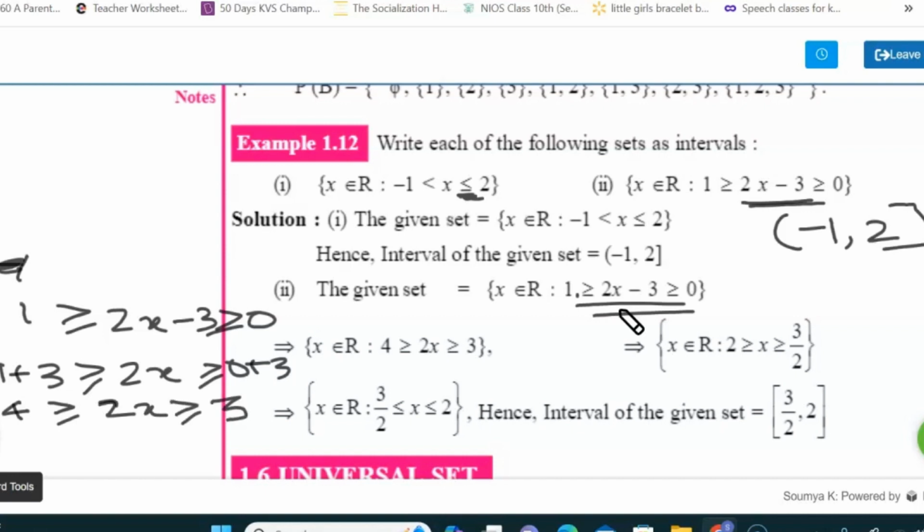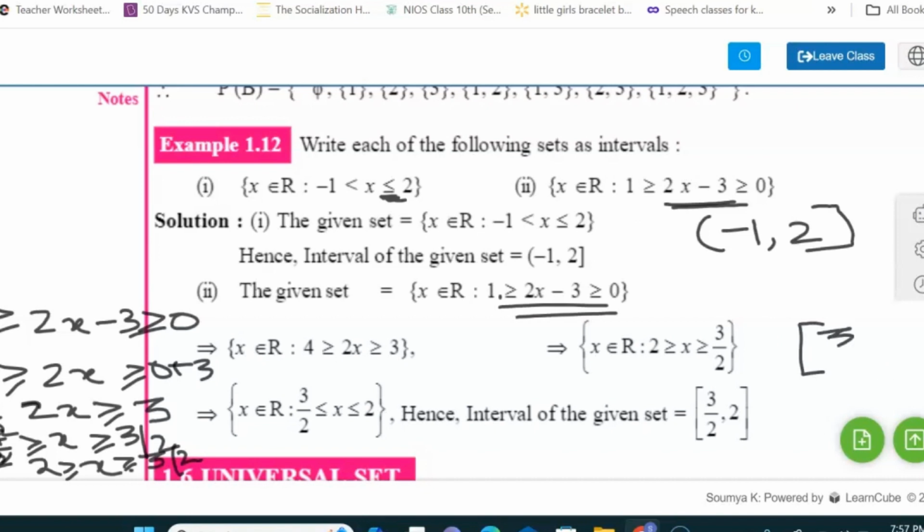Then comes dividing, that is 4 by 2 greater than or equal to x greater than or equal to 3 by 2. This 4 by 2 becomes 2. So 2 greater than or equal to x greater than or equal to 3 by 2. In both the cases, both are included because of this equal to sign, and the interval becomes like this: 3 by 2 comma 2, both included with square bracket.